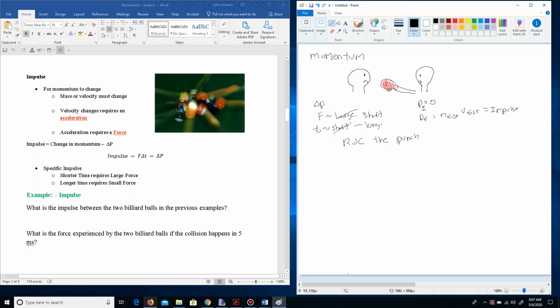Right, so in the previous example, we had an impulse of 0.05 because that was the change in momentum. Right, from green ball to purple ball, that was your change in momentum, 0.05. And we want to know the force if it happened over 5 milliseconds, so 0.005. Okay, so the force is 0.05 over 0.005.